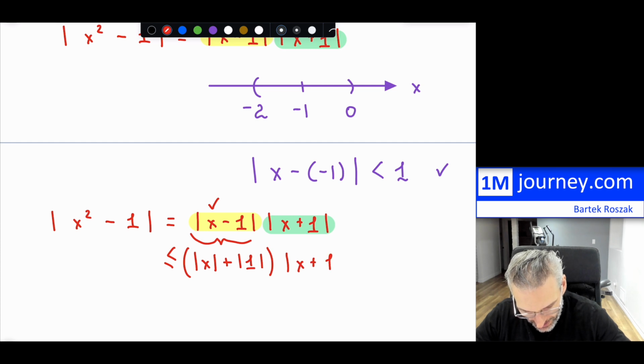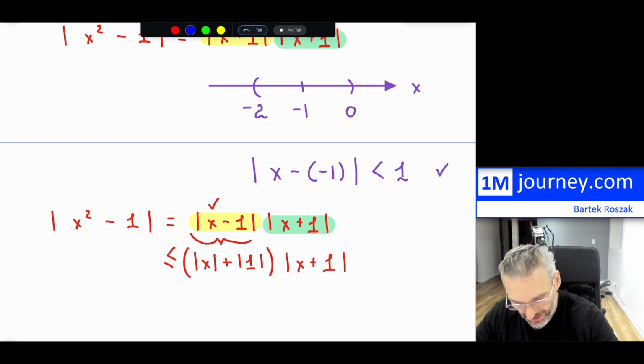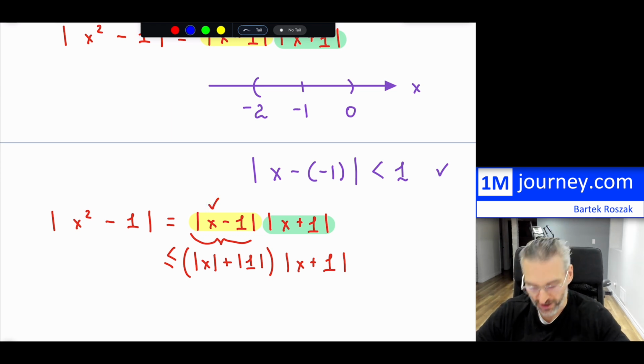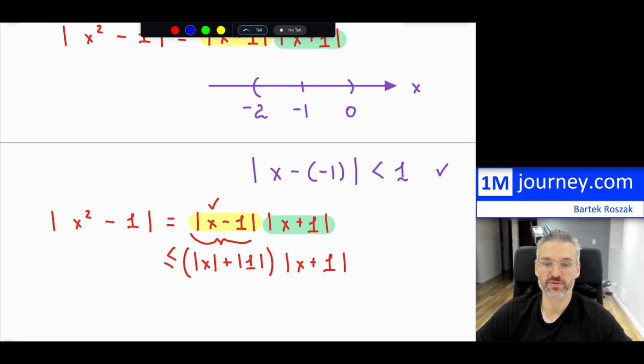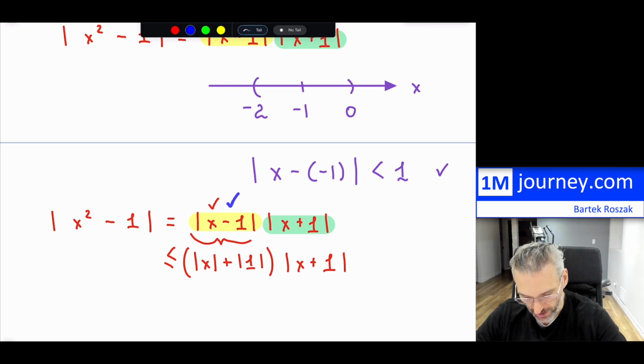And you will do that anytime that you have kind of a polynomial in here. So you can just put bounds on it, and then you know that it's going to be less than or equal to this. So we're being conservative. We're trying to find the largest value possible on this right here.